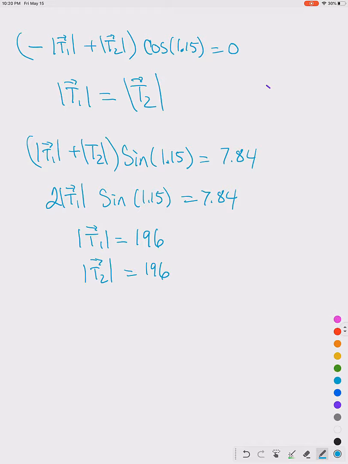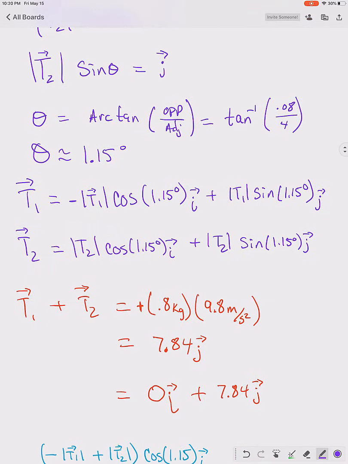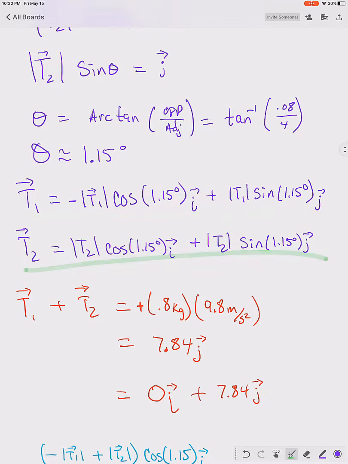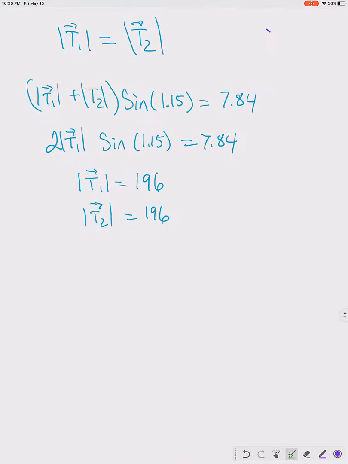So now all we need to do to calculate our answer is go back up here and look at what T1 and T2 were, we were told they were, plug in our values, and we'll have T1 and T2. Okay, so let's do that.